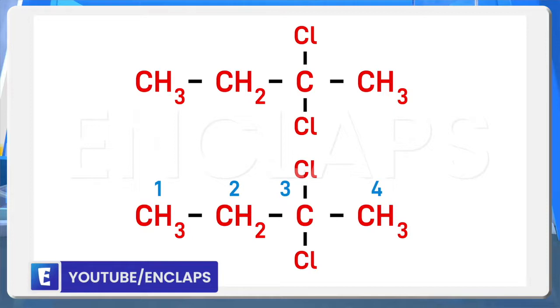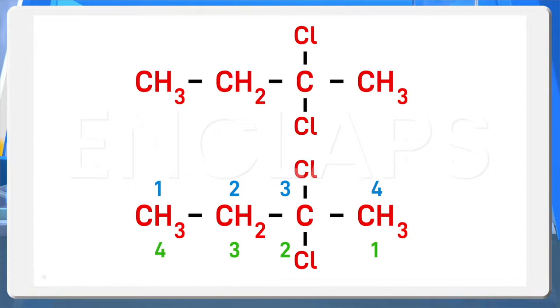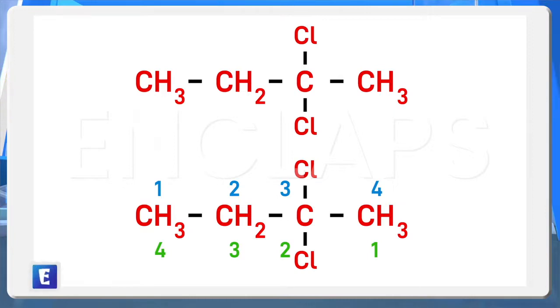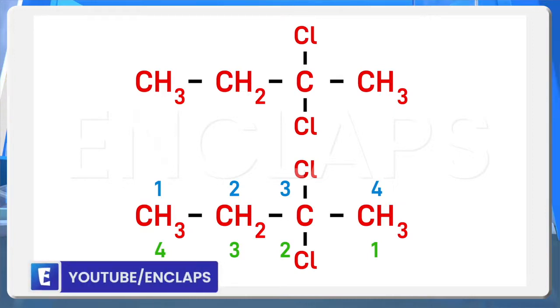When we number from right to left, the carbon atom having the functional group gets the number 2. So we get the number of carbon atoms. What is the number of carbon atoms? 4, right? The corresponding alkane is butane.